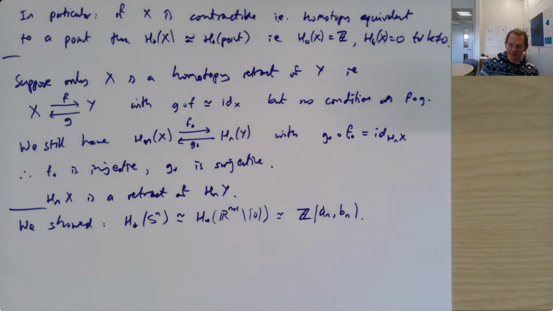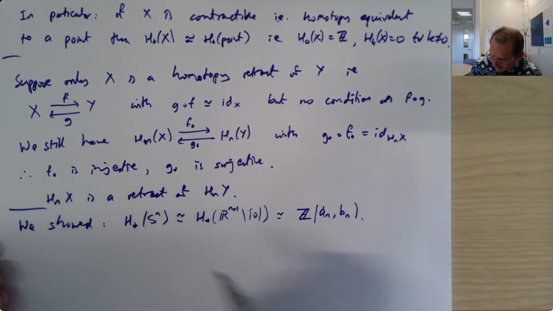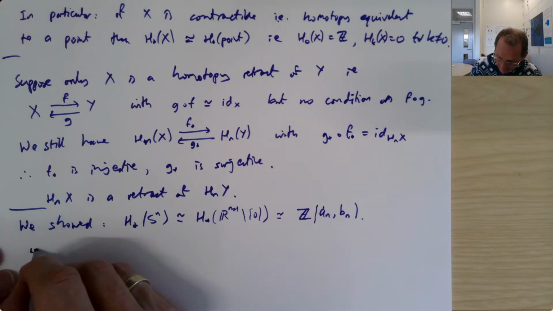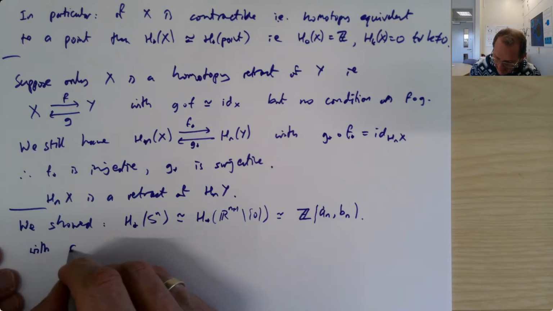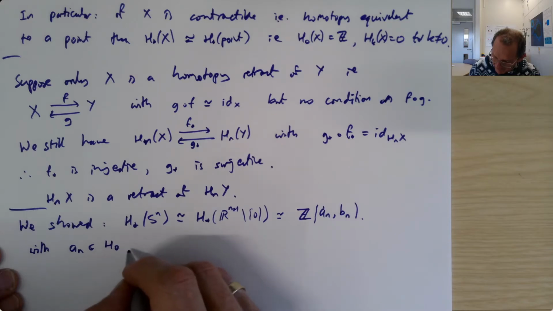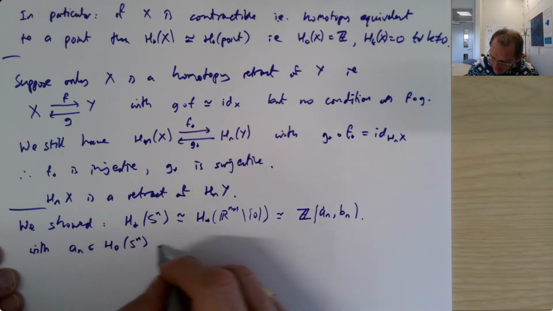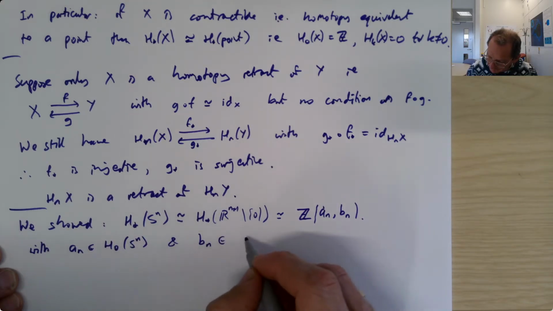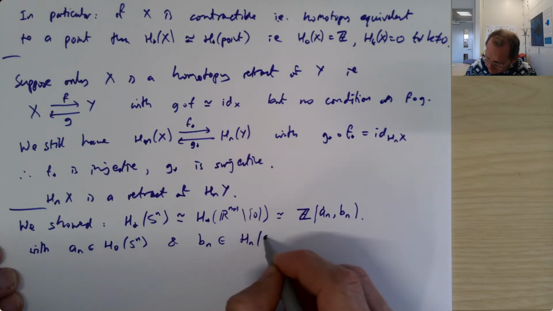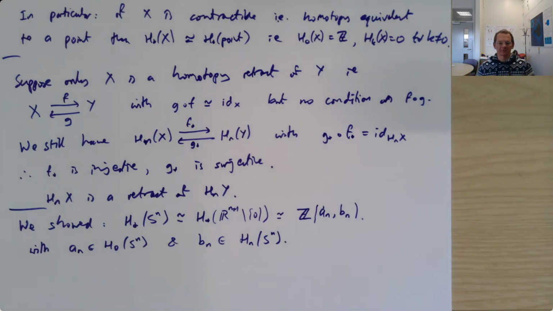So this was a free abelian group with 2 generators. It has a grading, with a_n lying in the 0th group and b_n in the nth group.